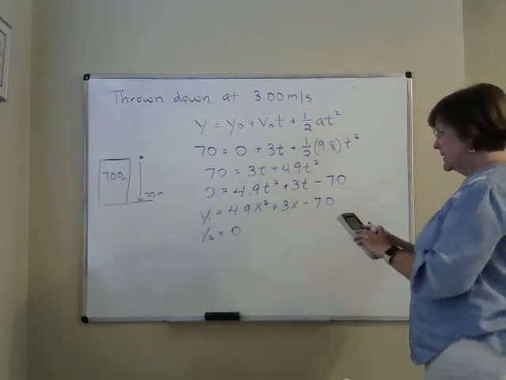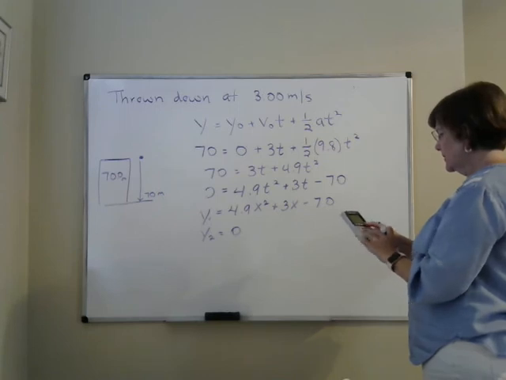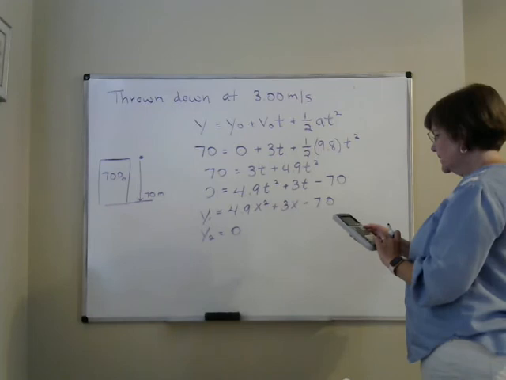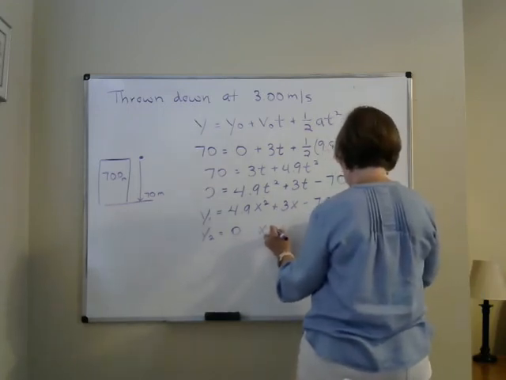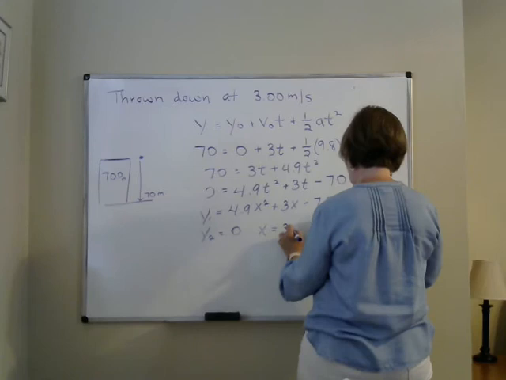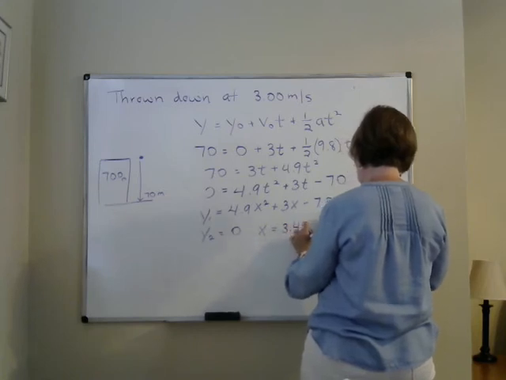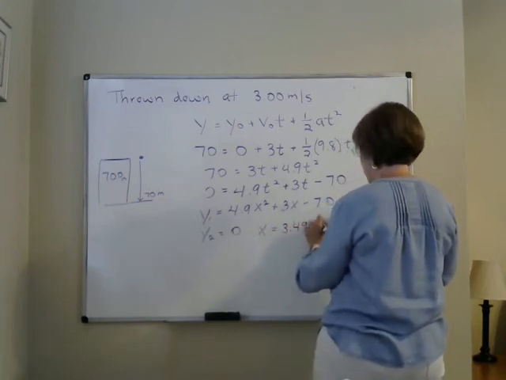So I'm going to go second calc, choose intersection, and see where that graph intersects the x-axis. When I do, it tells me the intersection is x equals 3.49 seconds.